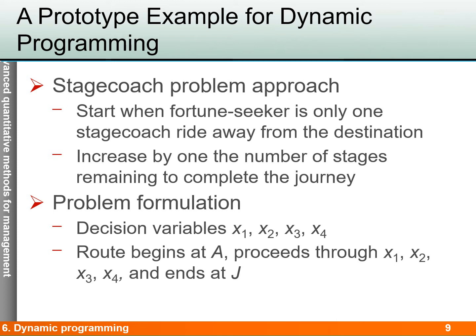Our x4 here is the node named J. So we should make a decision x1 among the nodes B, C, and D. X2 is one of E, F, G, and X3 is one of H and I. And as I told you, X4 is our J here.